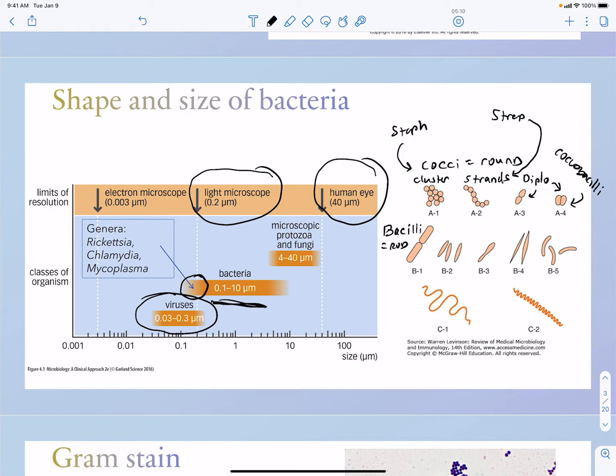They have rounded edges. You also have our spirochetes. And then you have a comma-shaped, which is cholera. Spindles. So again, you can have many different shapes associated with bacterium.